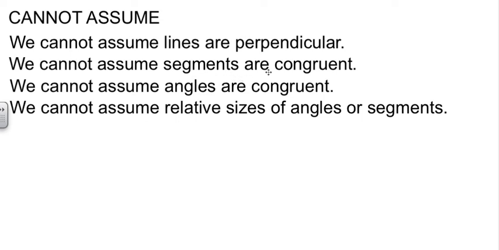You can't assume just because they look equal that they are. You can't just look at segments and say, oh, well, those two look to be the same size, so they must be. No. Could just be laziness of drawing. Could be that you didn't know, so you just drew it however it looked, however you needed to. Same thing with angles. You can't just assume that angles are congruent because they look like they are. Unless you're told they are, you can't go with that.